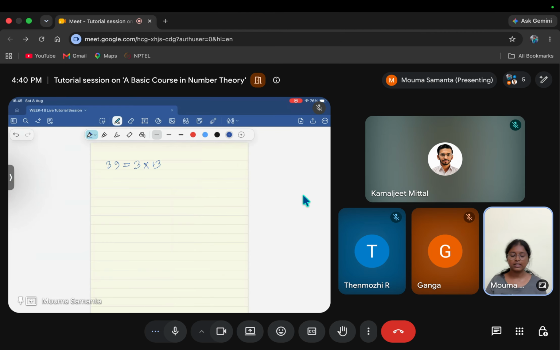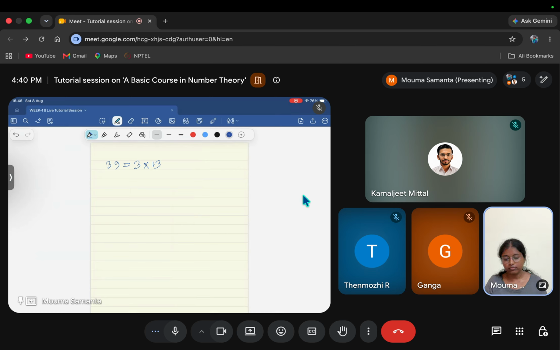So if 39 divides some element, then what can we say from this given expression? This is the prime decomposition of 39.